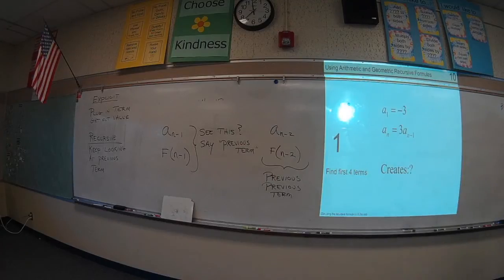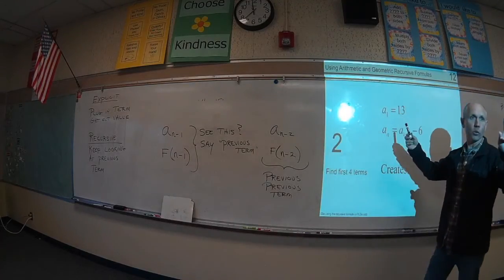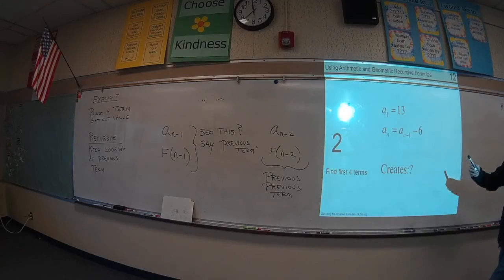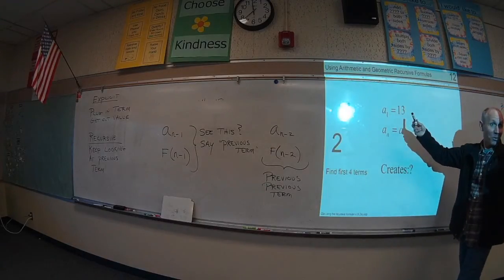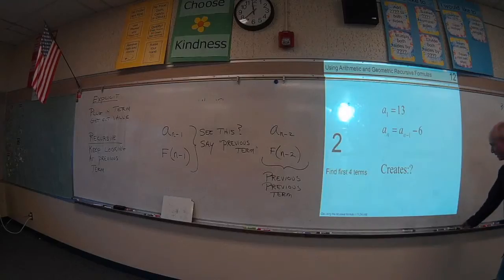Number 2. Give me the first 4 terms. Jackson, I've given you the first one, so I need 1, 2, 3 more. Cool. But give me this one on your board. Write down, start with the 13. Perfect.